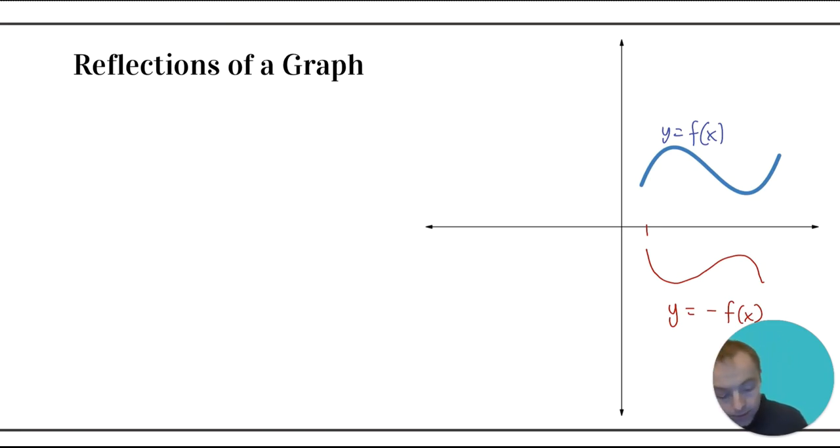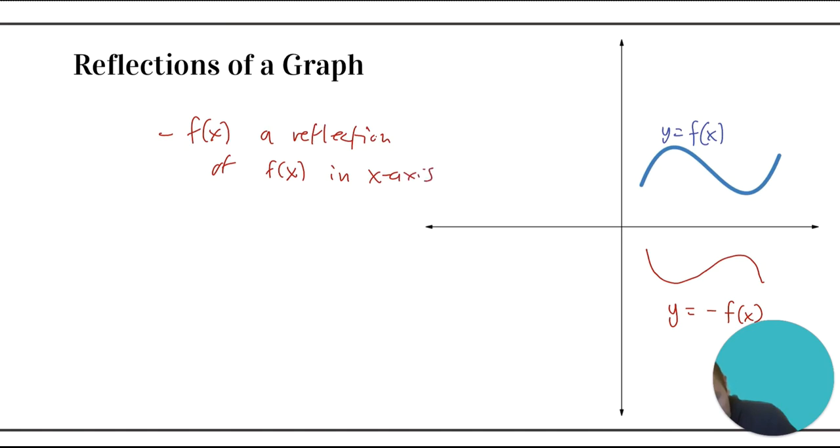And so it turns out that whenever you have negative of f of x, that is going to be a reflection of f of x in the x-axis. So when I say that it's in the x-axis, that means that it flips over the x-axis, okay? If you wanted to take this graph right here and flip it sideways, then it's going to look something like that. And what would happen is you would have opposite x coordinates but same y values.